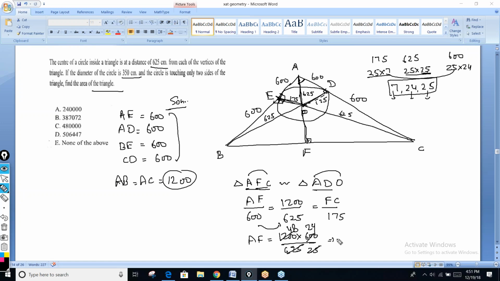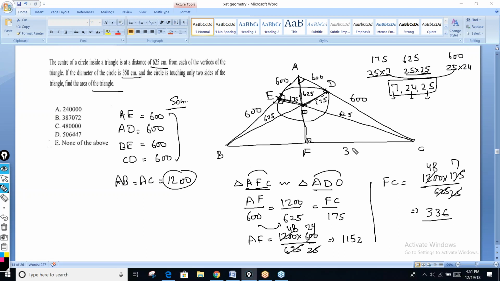So that comes out to be 48 into 24, which is 576 into 2, which is 1152. Similarly, if I get the value of FC, FC comes out to be 1200 into 175 upon 625. That is 25, that is 7, and that is 48. So that comes out to be 48 into 7, which is 336.